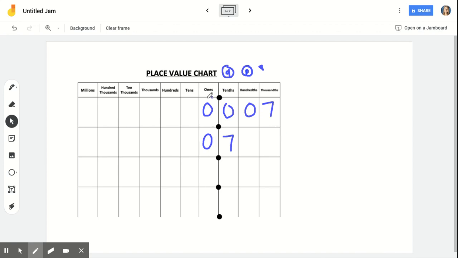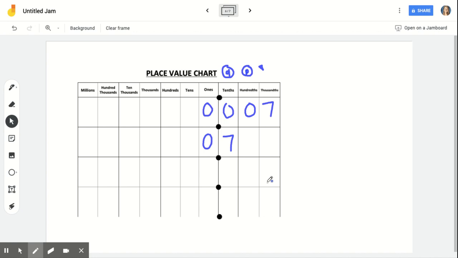For this one, I have no ones, no dimes, no pennies. I have 7 pieces of a penny, in which I need 10 of them to reach 1 cent in value. So this represents 7 thousandths, or 7 tenths of a penny. 7 tenths down here represents as if I were to have 7 dimes.